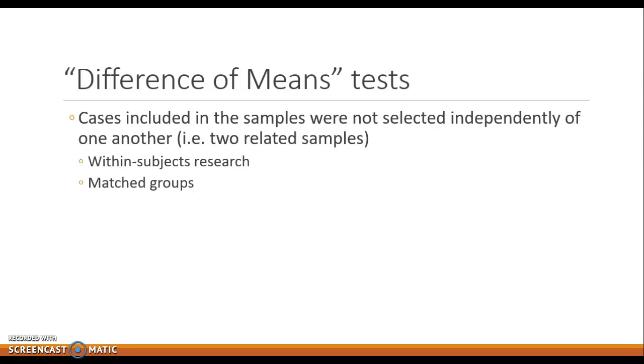Now, random sampling for the two groups should give you that, but sometimes you want to be sure that group A and group B both have the same percentage of people getting various grades. And so what they'll often do, instead of truly random sampling, is make sure, well, this person has an IQ of 120, and so we need to match them with someone else who also has an IQ of 120. They're related to each other.